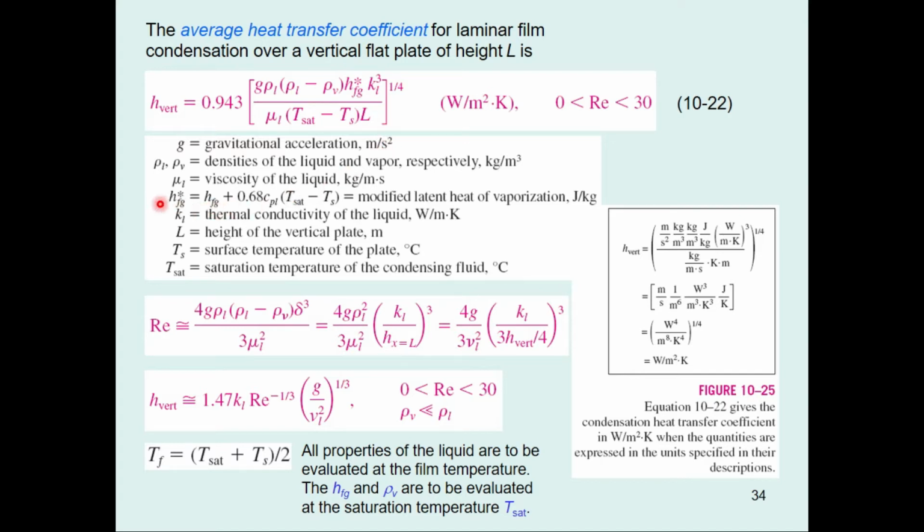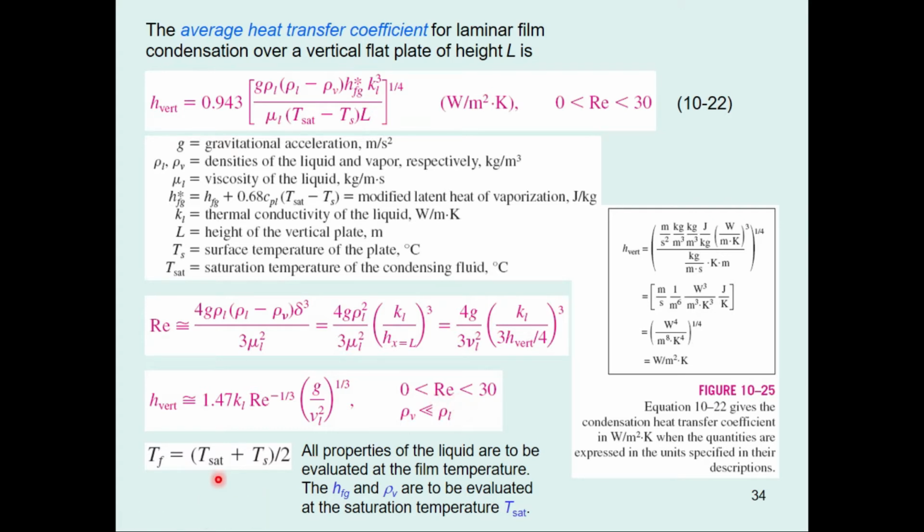Here the most important thing is the modified latent heat of vaporization. I have already explained its importance in the previous slide. This is again a formula that was developed during the derivation. This is the formula for the Reynolds number, and the modified form of the heat transfer coefficient in terms of the Reynolds number is given here, for which the density of the vapor is far less than the density of the liquid, and the Reynolds number is between 0 to 30.